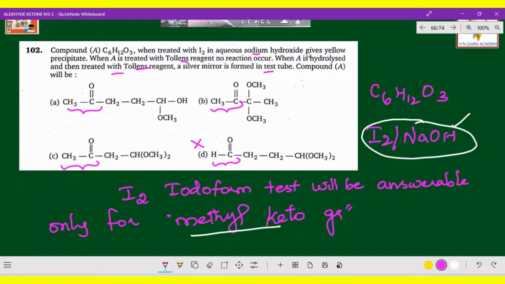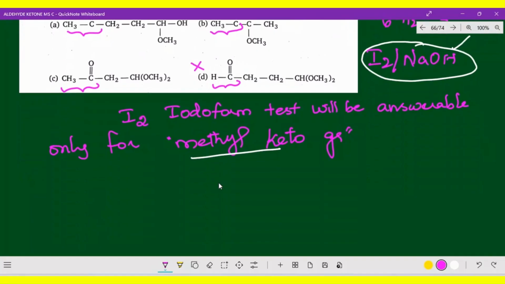The second key they mentioned: it will not react with Tollens reagent directly, but when it is hydrolyzed and treated with Tollens reagent, it will be answerable. So that means acetal, that point only we have to note down, because I just wanted to mention the main important point.